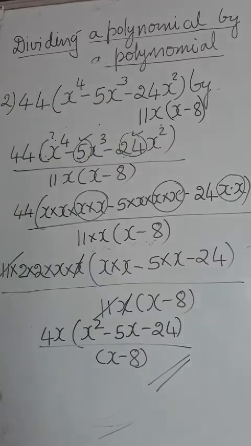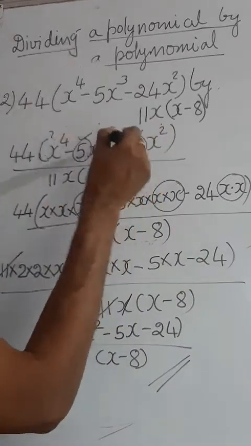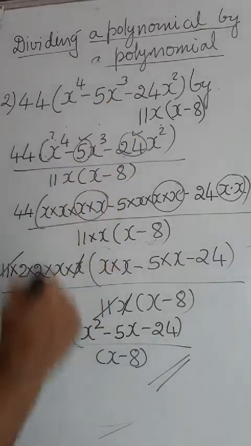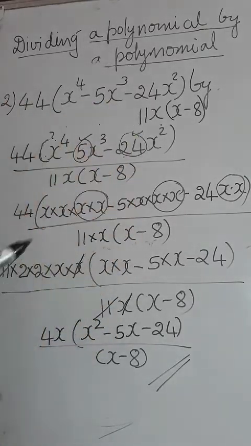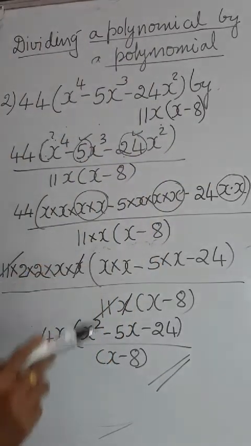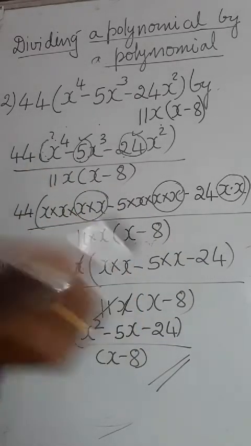That time you can take x square outside, here x square will be remaining, x will be remaining, here only number remains. If you didn't understand to write directly, then write like this, in reducible form, then you can take the common term outside. That time only I said no need to write the numbers in their simplest form, because this term does not contain any number. That time number you cannot consider as a common factor.